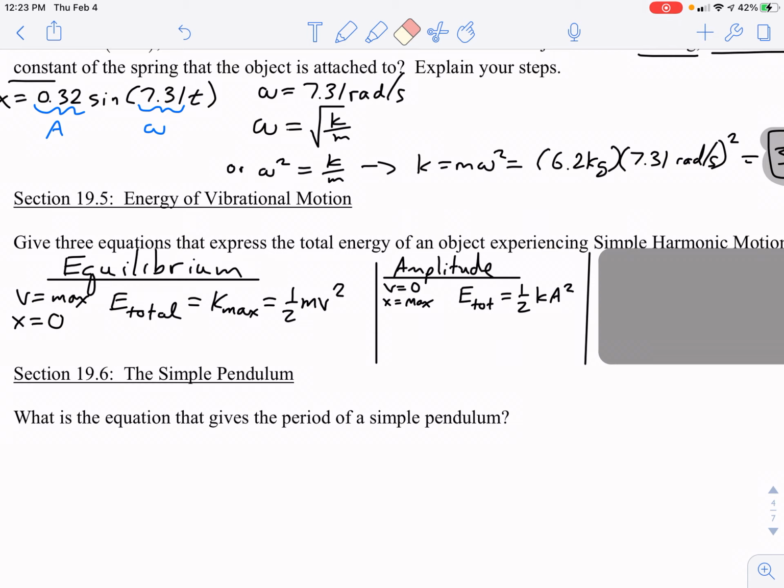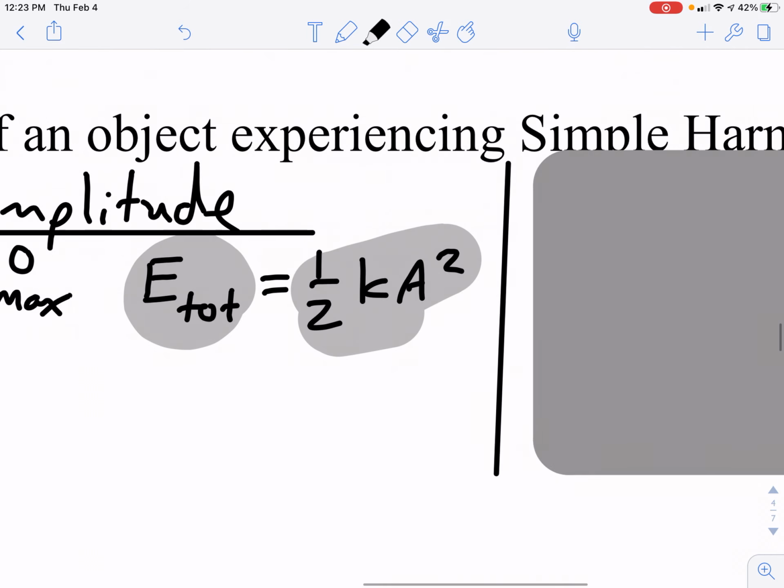At amplitude, it's the opposite. Velocity is 0, and x is a maximum. Therefore, your total energy is now only potential energy, 1/2 kx squared. But instead of x, notice we're writing A, because remember, A is x max.